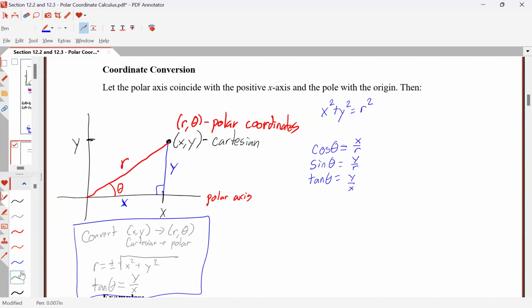If we want to convert from r, theta, from polar, to x, y, or Cartesian coordinates, we will use the equations that x equals r cosine theta and y equals r sine theta, by taking these two equations and multiplying by r on both sides.